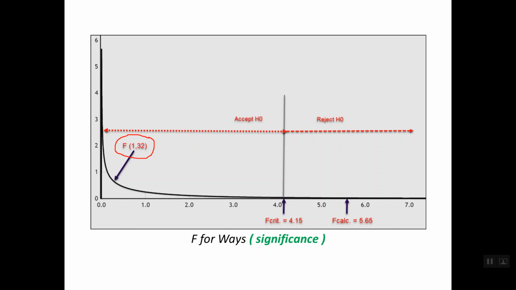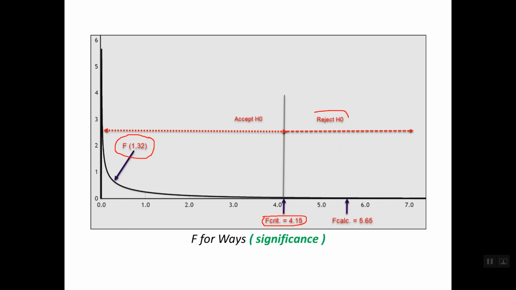Regarding the F critical, it has been defined. It is 4.15. The critical value of F divides the curve into two regions.